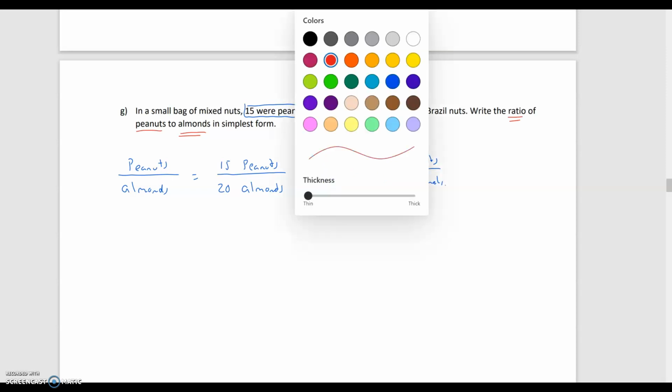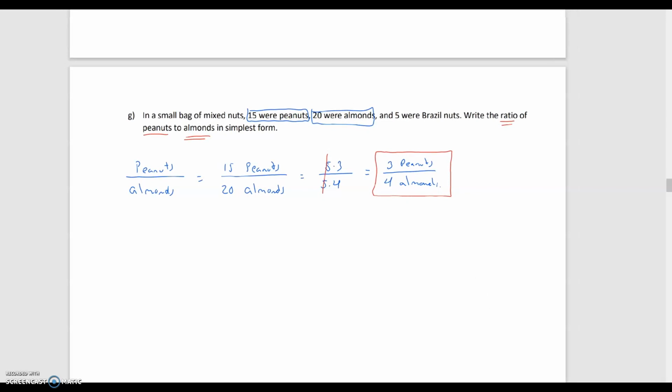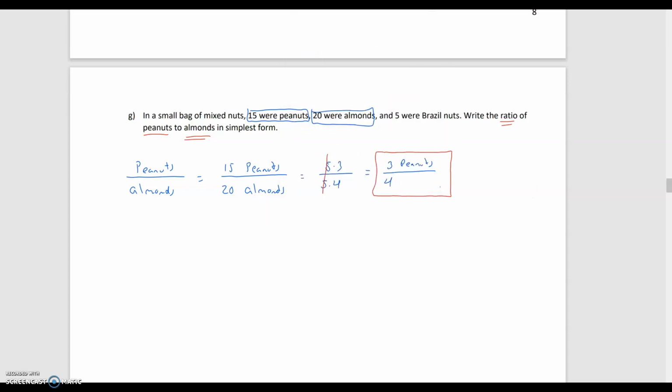And same as we did with the previous problem, I'm just going to leave it as a fraction because they may be comparing quantities. They're not asking us to compare, so that's going to be our final answer. Let me fix the denominator, which is almonds. Okay, so that's it for this one.